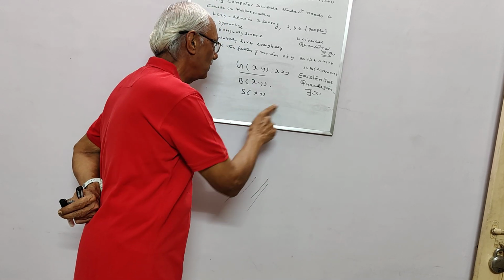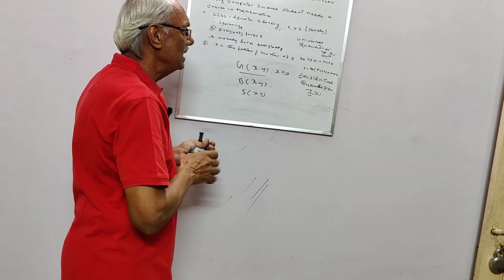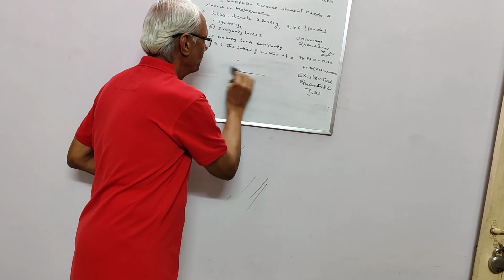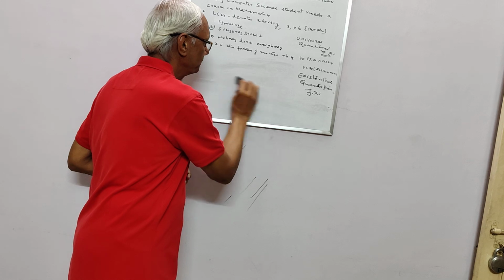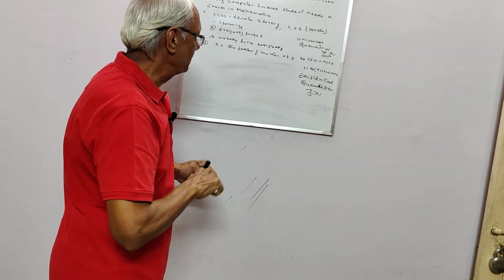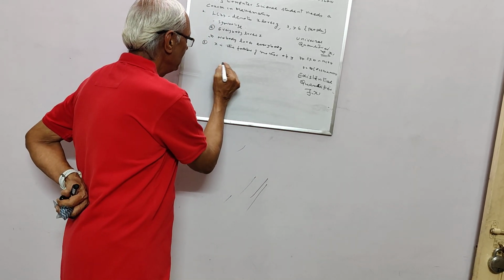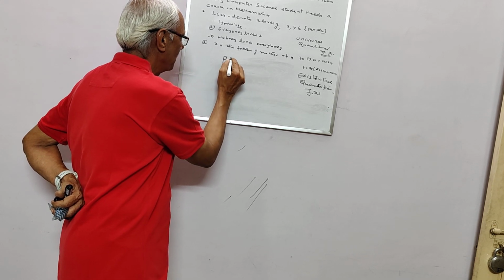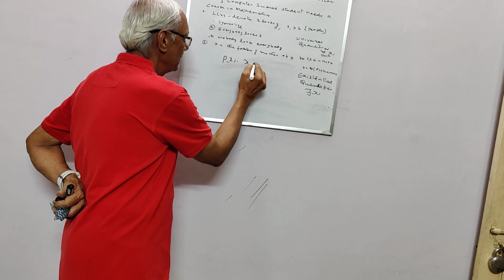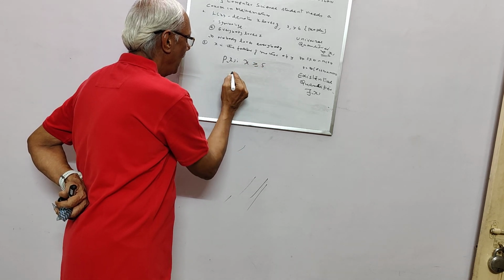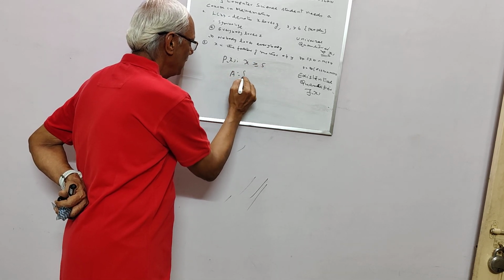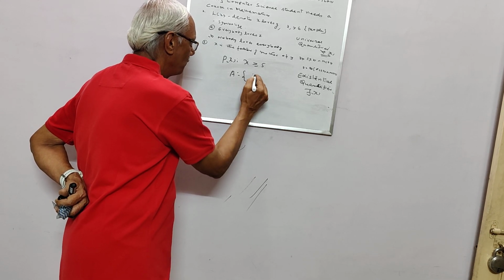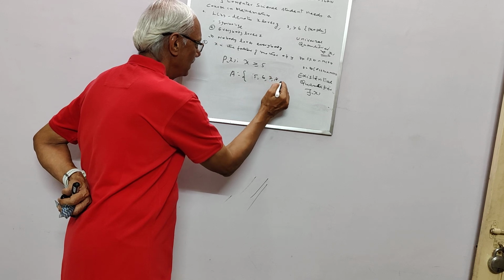Now, for example, as I gave you the first example, p of x is x greater than or equal to 5, and your a is x1 up to 5, 6, 7, 8, 9.